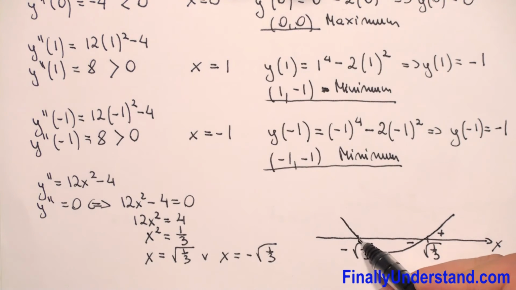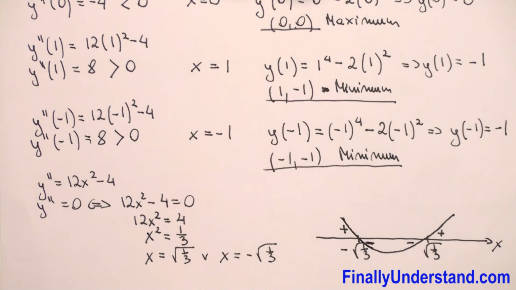And again here we have negative values from the right side of negative square root of 1/3, and on the left side we have positive values because this part is above the x-axis. So it means we will have two inflection points. We have x, we have to calculate the y coordinate.